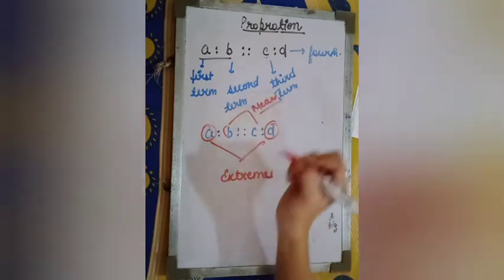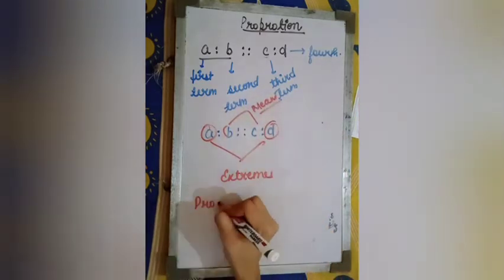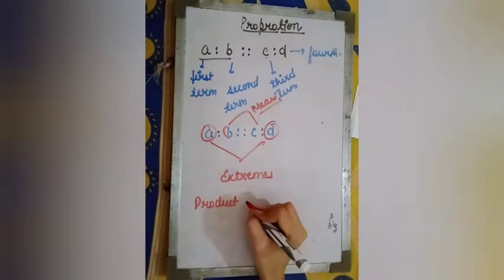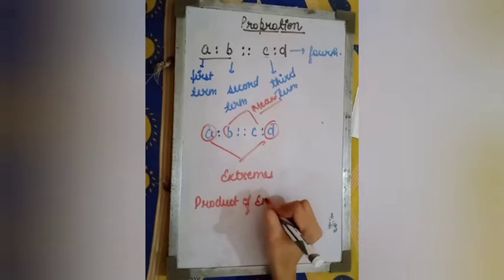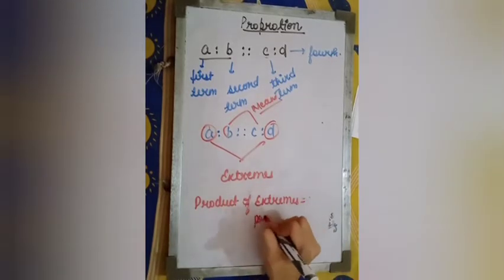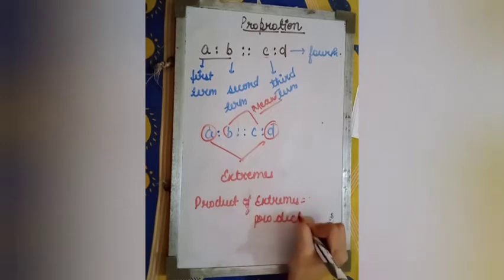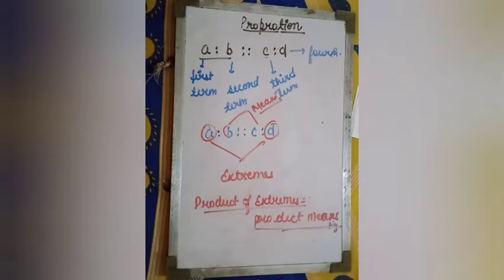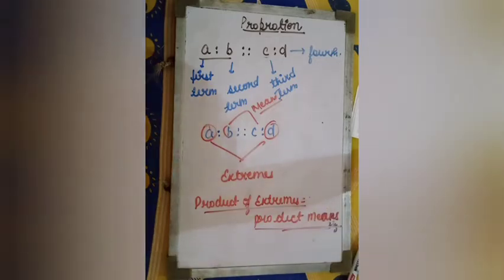So from here we know a formula: product of extremes equal to the product of means. If two ratios are in proportion, then the product of extremes and the product of means should be equal.